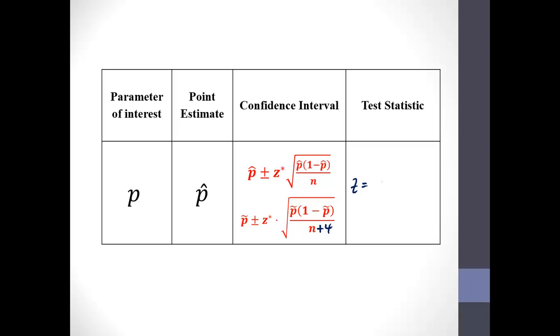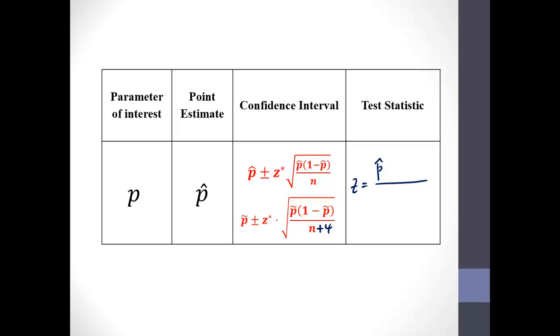Any guess on what that form is going to look like? We're going to take our estimate, very good, P hat. Minus the standard deviation?